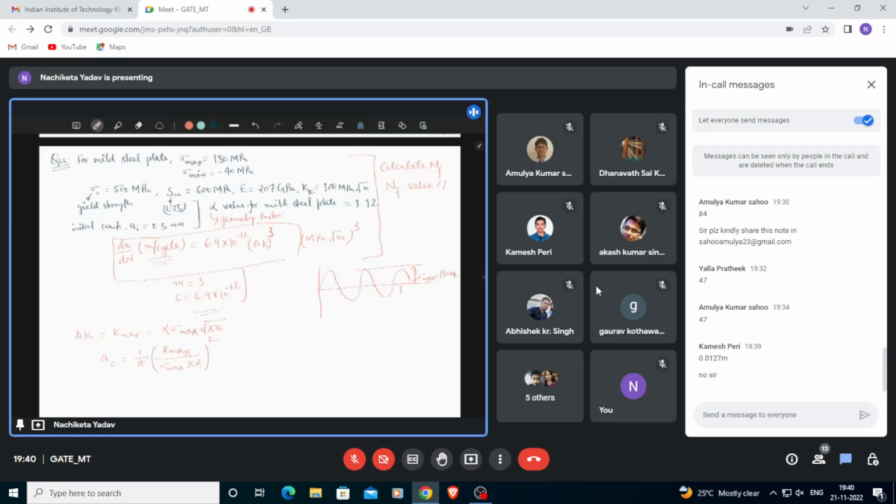and this sigma mean is compressive stress, minus 40 megapascal. We will ignore this compressive stress, and if there is any small influence of mean stress, we will also ignore it. So K max will be simply this 180 megapascal. So what will be the AC value now?